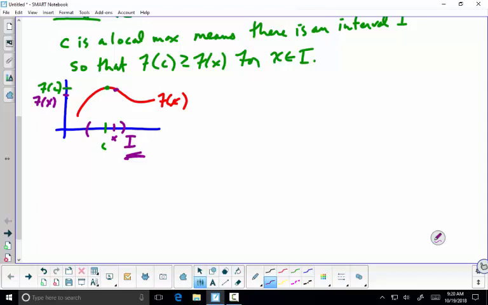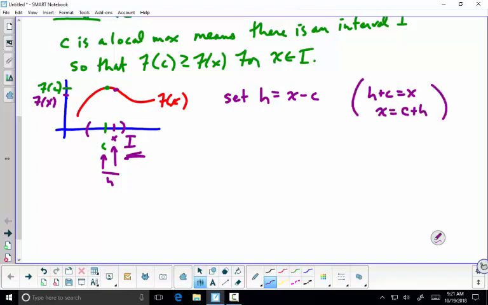Okay. So what we're going to do is we're going to set the value h equal to x minus c. If this were our chosen x value, then h is going to be this distance right here, the distance between the two. So h is equal to x minus c. Notice that if I solve this for x, we have that h plus c is equal to x, or put it another way, x would be equal to c plus h.